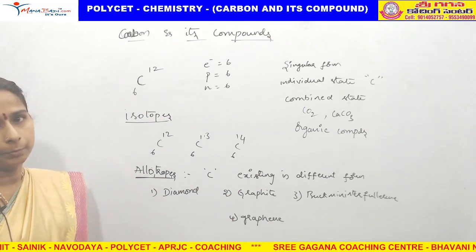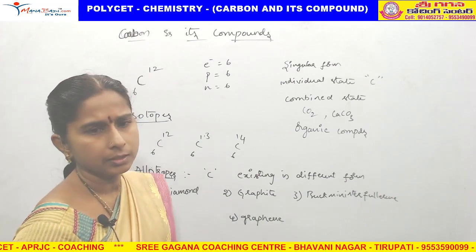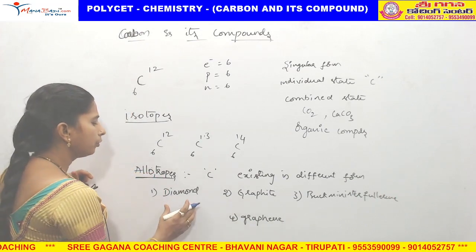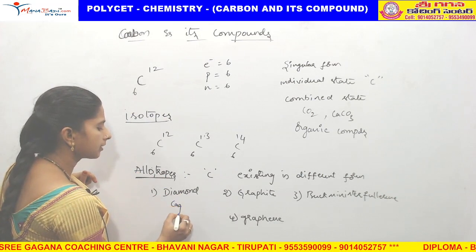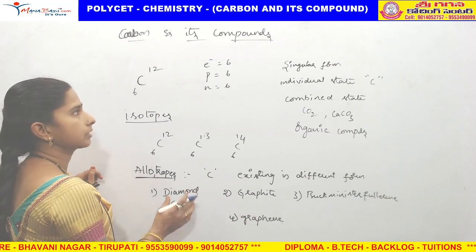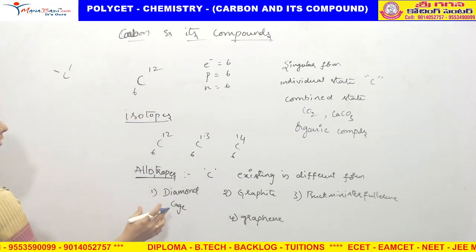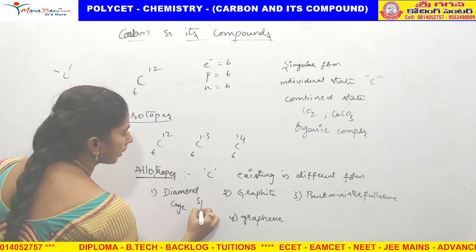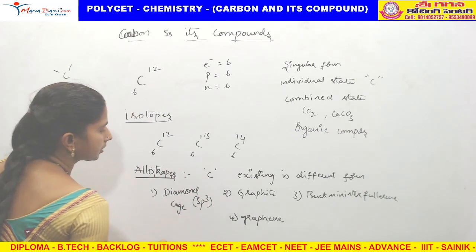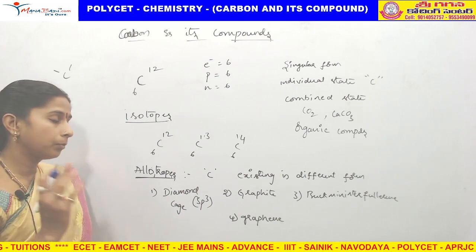In this, diamond is very strong in nature due to its cage-like structure. Diamond has a cage-like structure, meaning only carbons are there. In diamond, carbon has sp3 hybridization. We already discussed hybridization in the chemical bonding lesson.